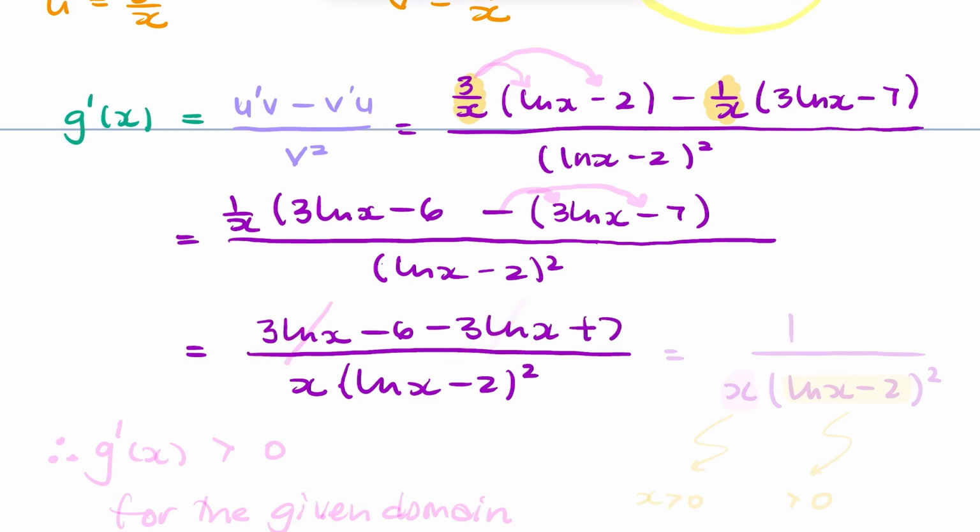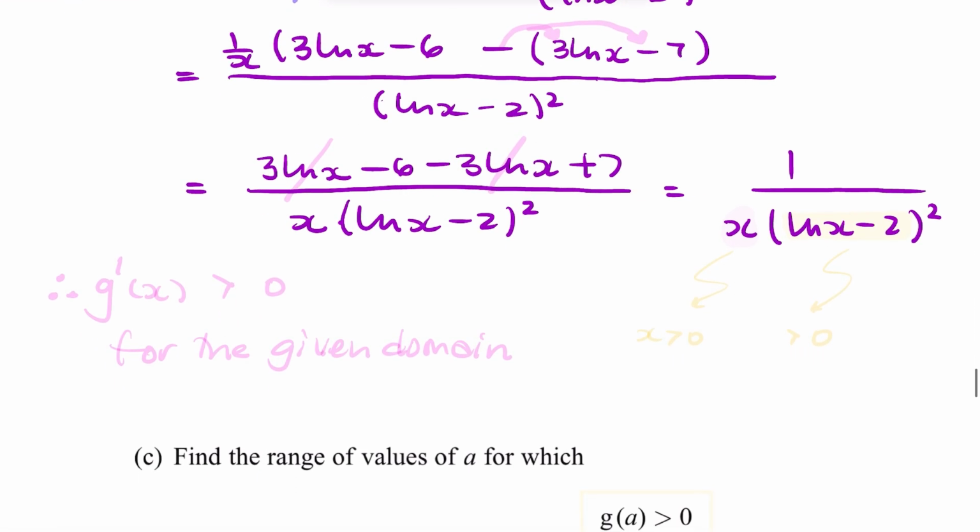So that will cancel with that, and you'll have 7 minus 6 is 1. So you end up with 1 over x ln x minus 2 squared.